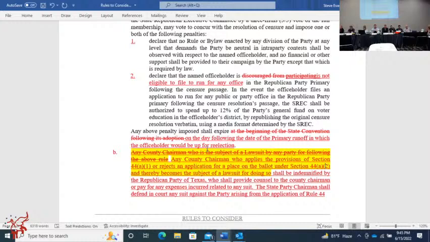We have a second on this. I'll recognize you, James, to carry out your motion. Thank you, Mr. Chair. The reason I ask everyone to please support this is that the chairman will be the one executing this action. The CEC will vote on it, the SREC will be that second barrier and vote on it.